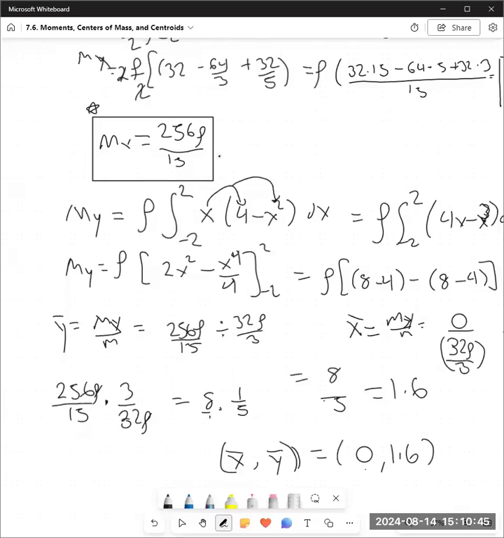That's going to be 8/5 there, which is the same thing as 1.6 exactly. So you can either write 8/5 here if you like fractions, or you can write 1.6 if you like decimals. Same thing.